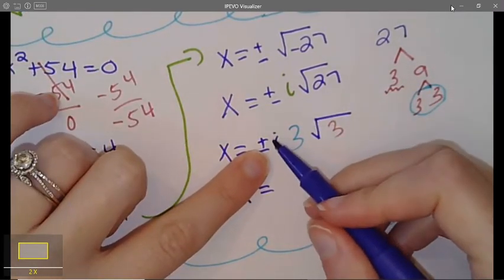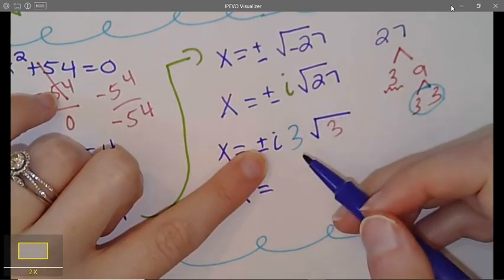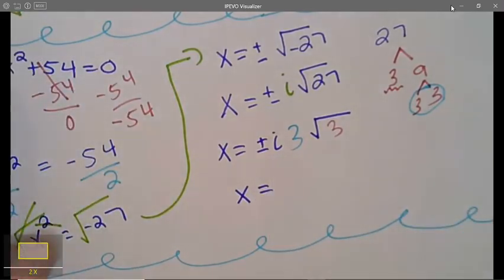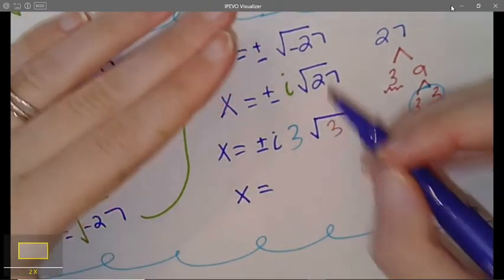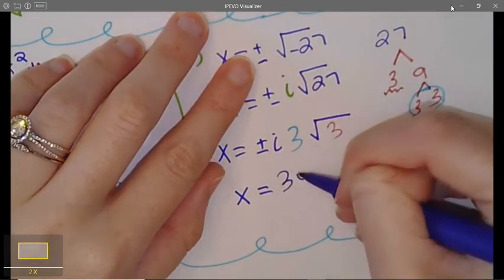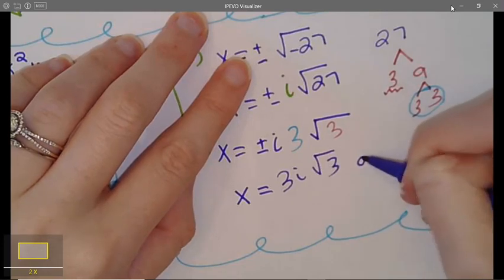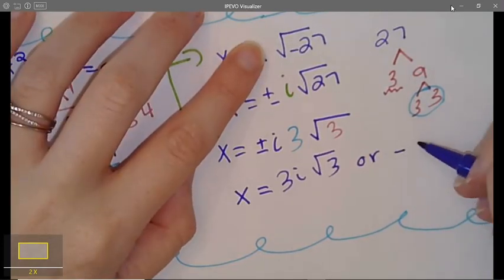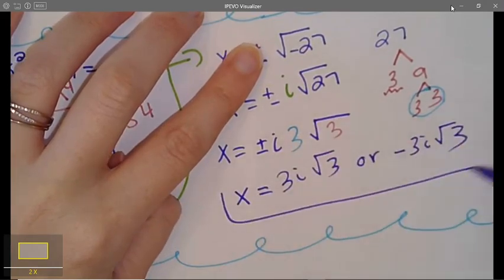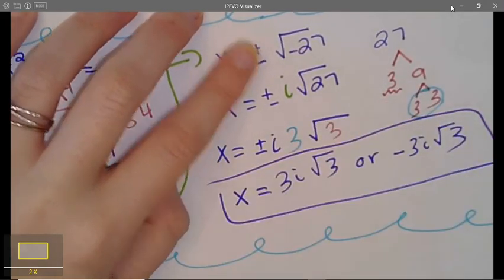Remember, we usually write the i after the number. It's not wrong to write i3, but you will be judged by the mathematicians of the world, so I'm trying to prevent that. So it'll be positive 3i root 3, or it could equal the negative version, negative 3i root 3. And there we go. We have solved for x. Excellent.